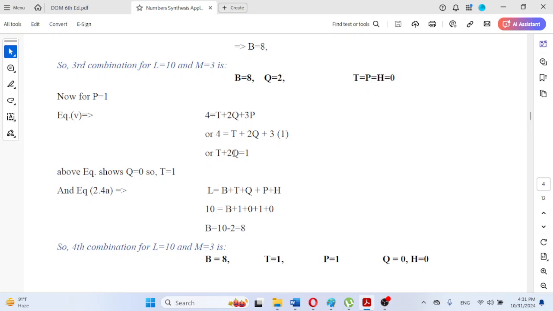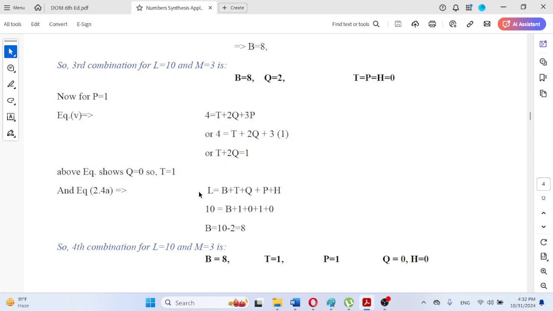If Q is equal to 1, then T plus 2 is equal to 1, or 1 minus 2 is equal to minus 1, so T will be equal to minus 1, so that is impossible. So Q can only adopt 0 value in this equation. So this will be our decision by observing the equation.